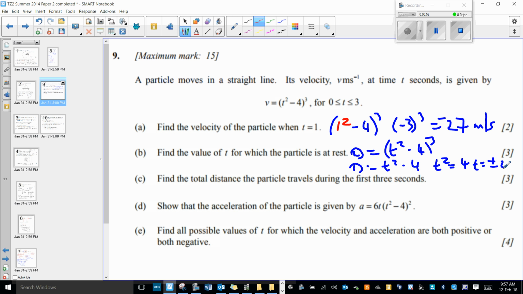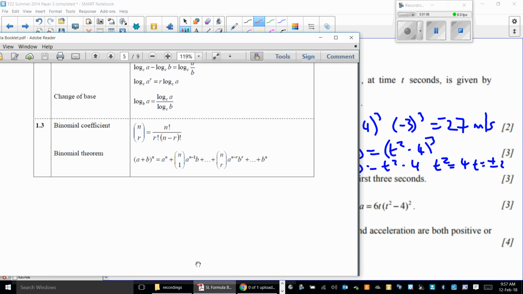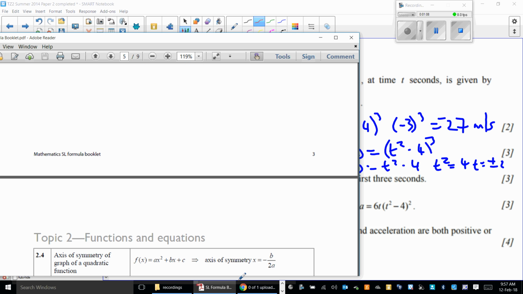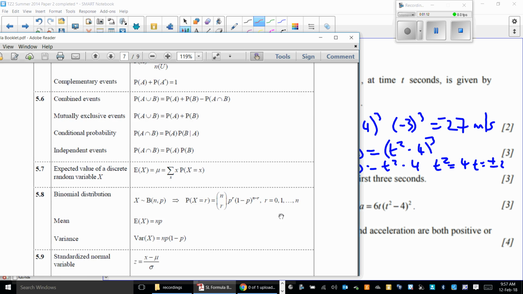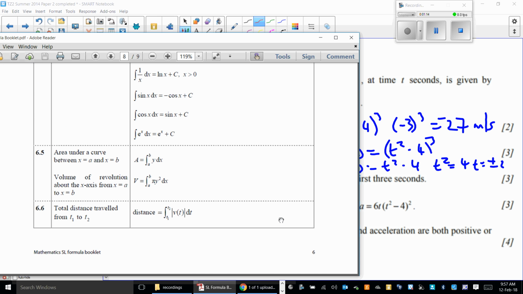Find the total distance the particle travels during the first 3 seconds. Just a reminder that the total distance travelled is given in here.